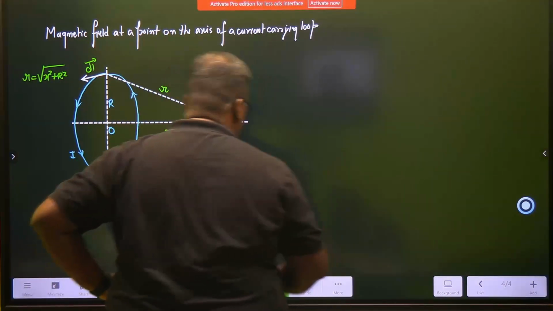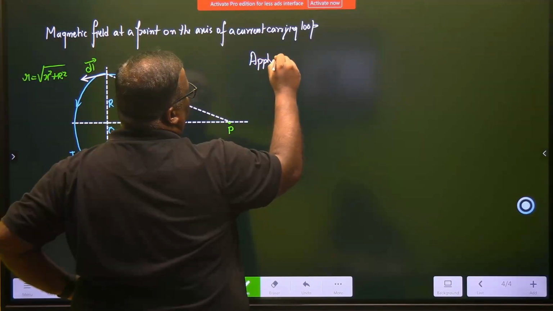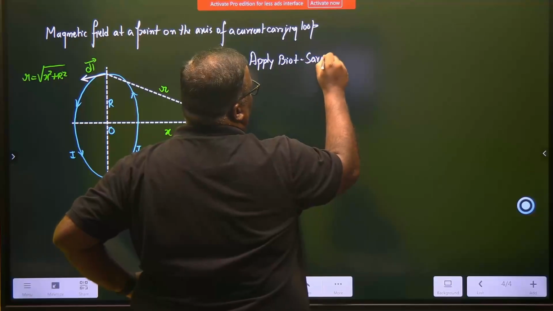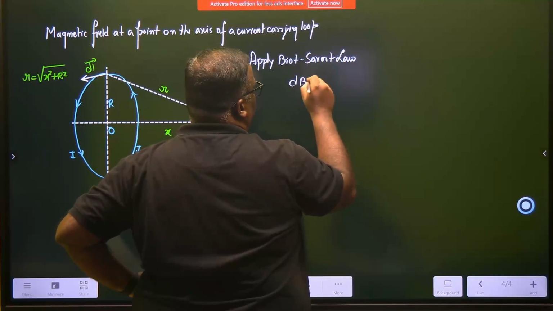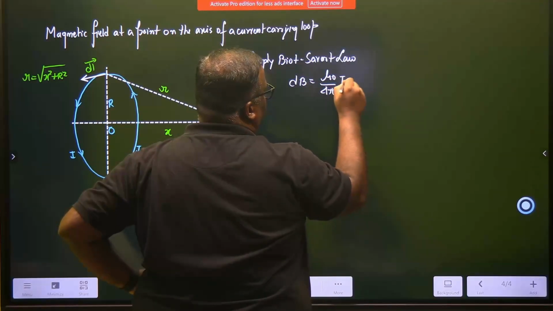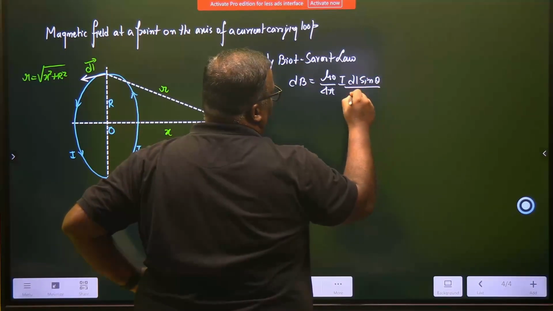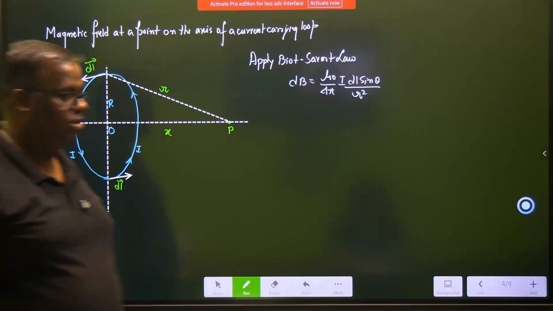Right. So we first apply Biot-Savart law. Biot-Savart's law will tell me dB is equal to mu naught by 4 pi I dl sine theta divided by r square. This is the standard form of Biot-Savart's law.